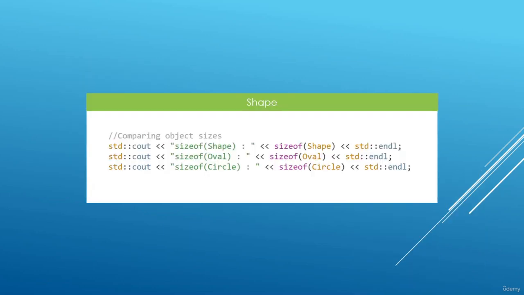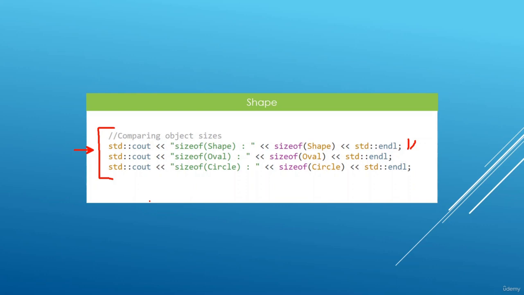What we're going to be doing is basically set up our inheritance hierarchy, and we are going to set that up in such a way that it is going to be using static binding. We're going to see the sizes we get printed out here, and we're going to use dynamic binding and compare these sizes. And the conclusion is going to be that with dynamic binding, your objects are going to be much larger because your C++ program will need to keep track of the information that allows it to resolve function calls dynamically.